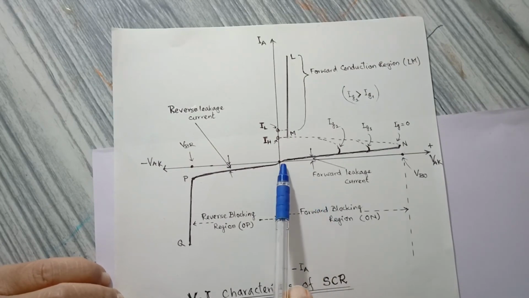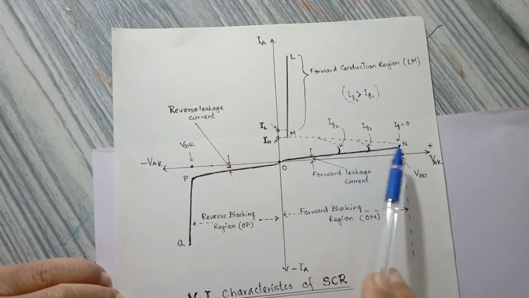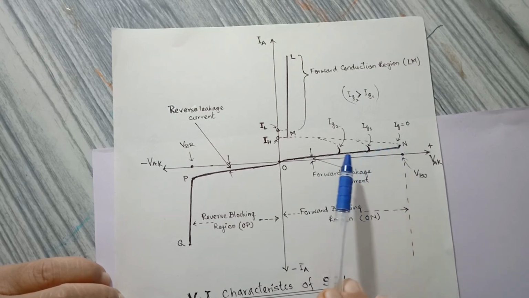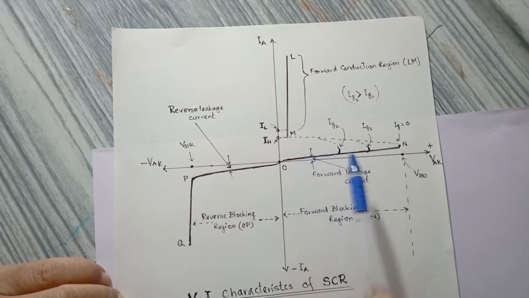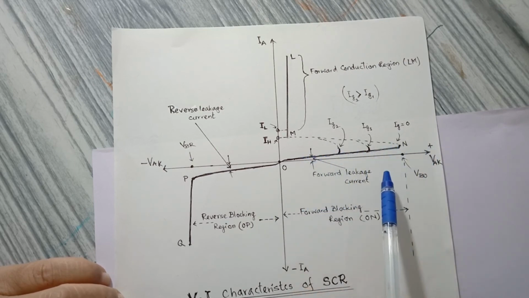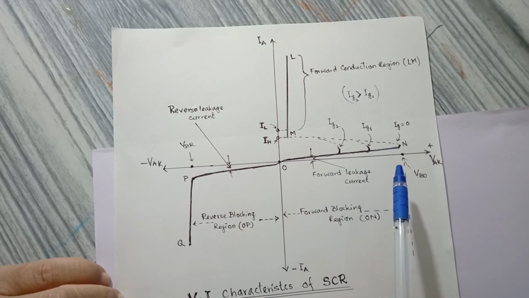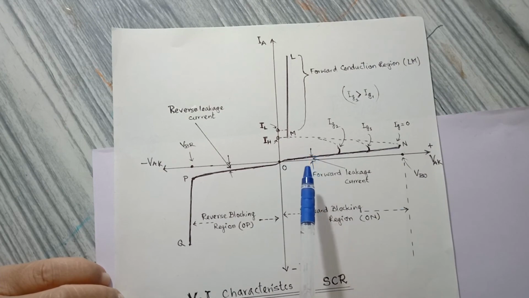One more thing: once the SCR fires, we have seen that the gate has control on the firing voltage of the SCR, but after firing the gate loses its control on the SCR state. That means once the SCR fires, cutting or reducing the gate current doesn't have any effect on the SCR's on state.